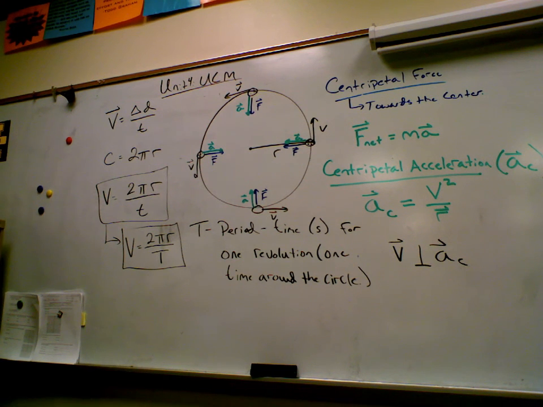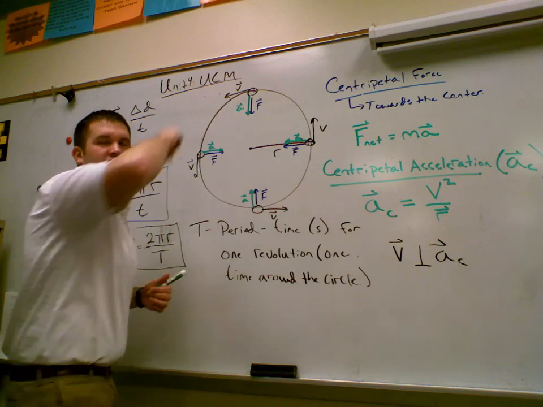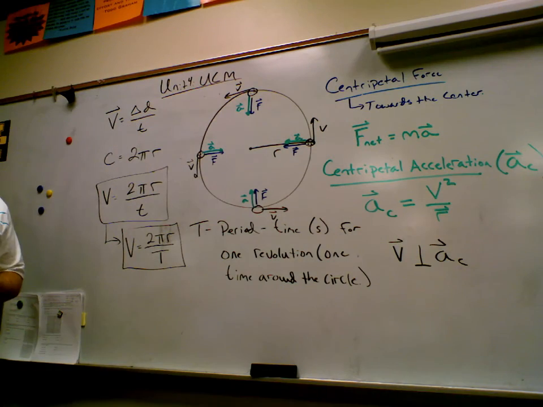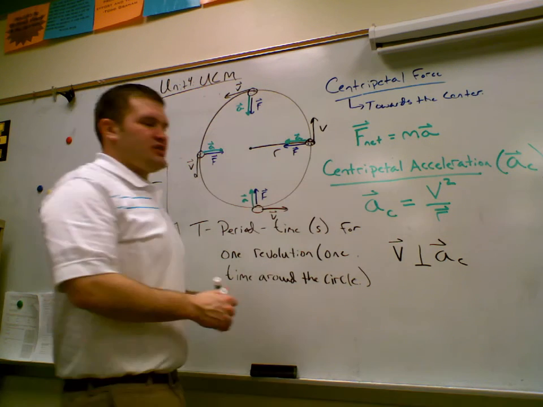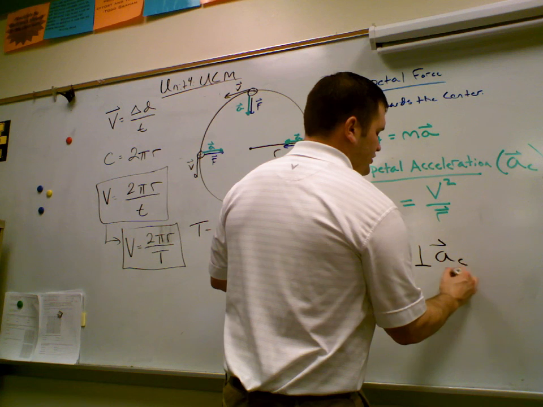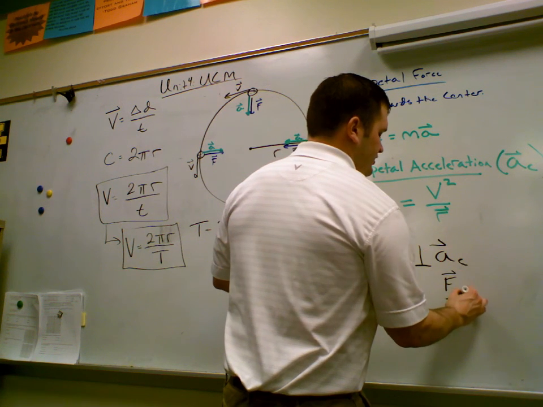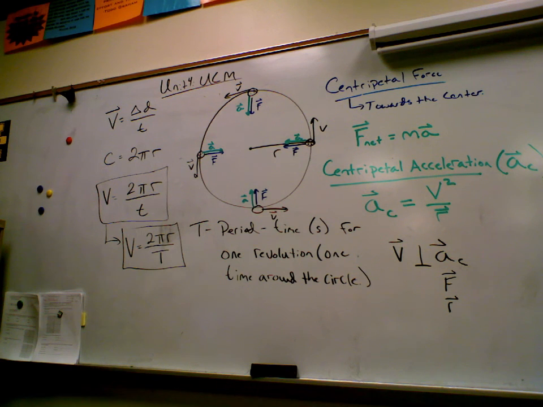So that means that this wiffle ball has a constant speed as it goes around the circle, right? And that's because of this right here. Now from this, we also know that velocity is perpendicular to force and the radius, because acceleration is parallel to force and the radius.